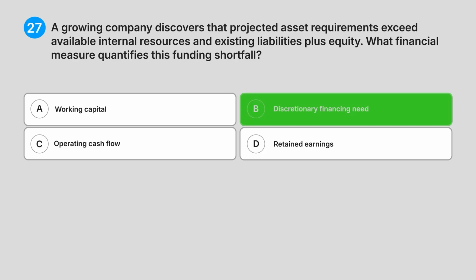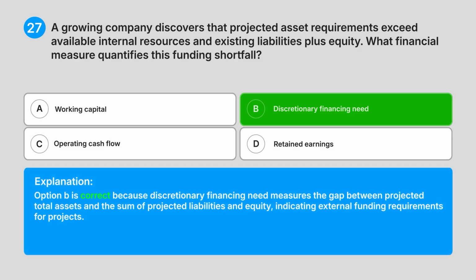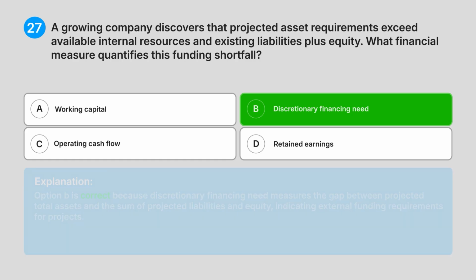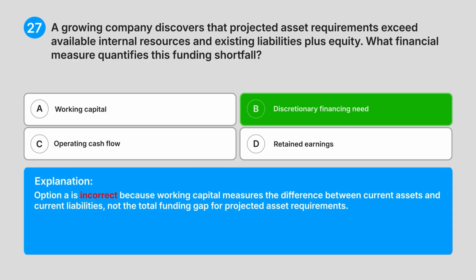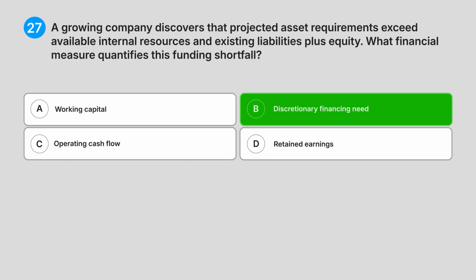Correct answer, B. Discretionary financing need. Explanation: option B is correct because discretionary financing need measures the gap between projected total assets and the sum of projected liabilities and equity, indicating external funding requirements for projects. Option A is incorrect because working capital measures the difference between current assets and current liabilities, not the total funding gap for projected asset requirements.